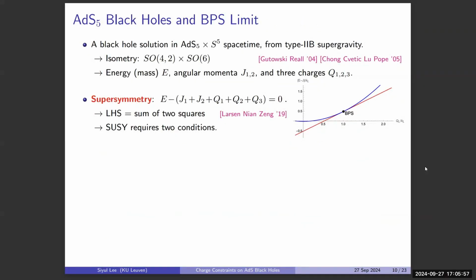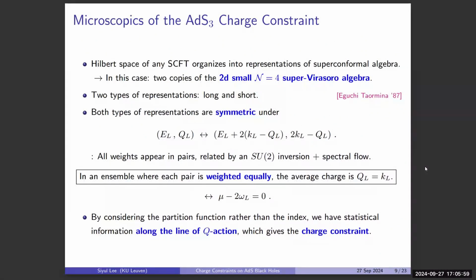So the conclusion was that the average charge is Q equal K. Yes. You're thinking about black holes as due to this ensemble of states, and somehow this charge constraint is due to the properties of the average of states. Yes.